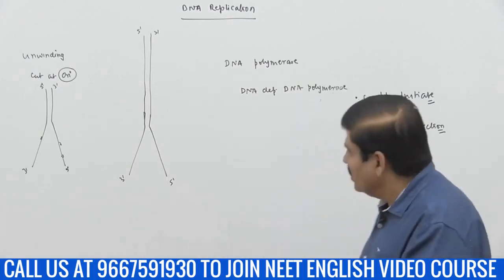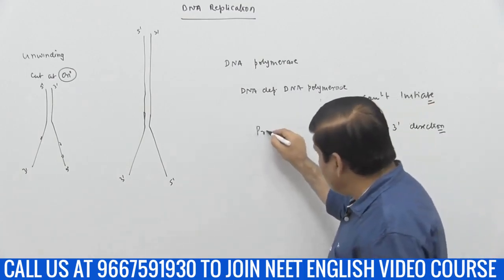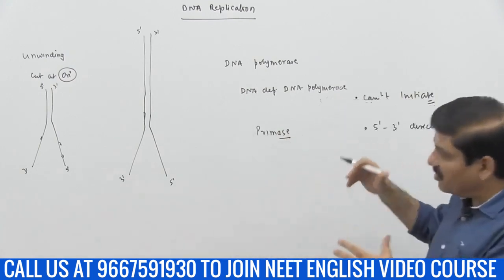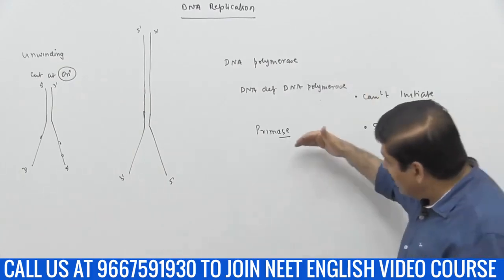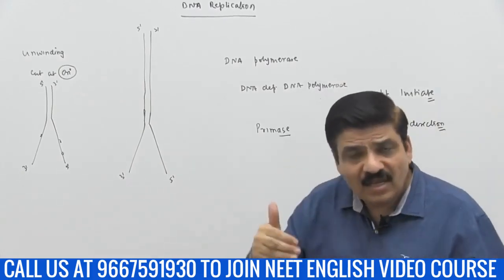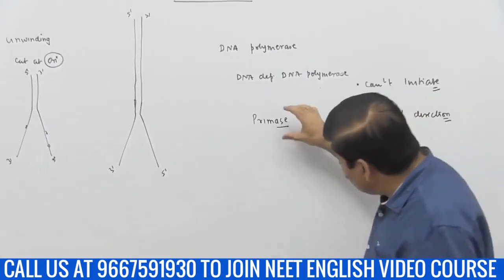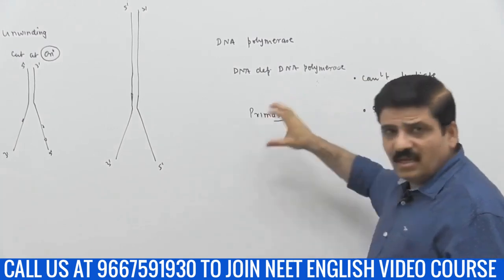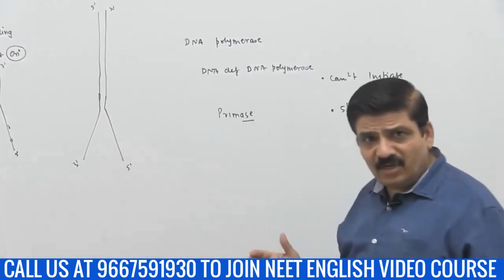So what happens? Instead a very special enzyme called primase is used. This primase is actually an RNA polymerase. Now if DNA polymerase makes DNA, then RNA polymerase will synthesize a strand of ribonucleic acid or RNA. So this primase is a very special RNA polymerase, that is a DNA dependent RNA polymerase.